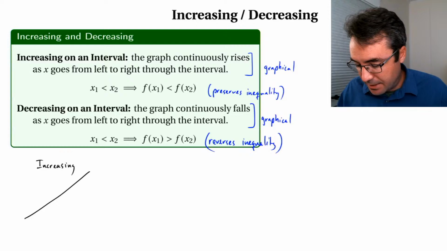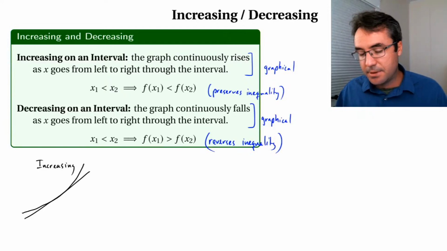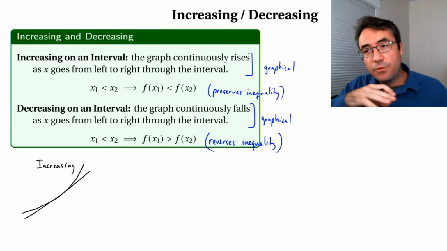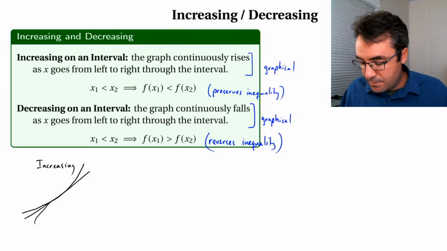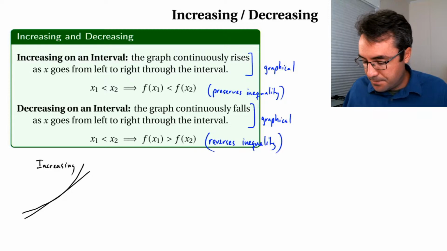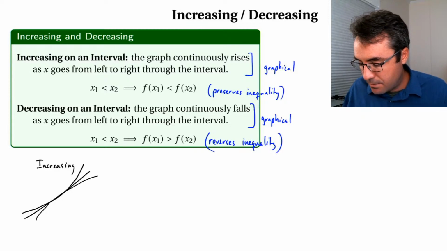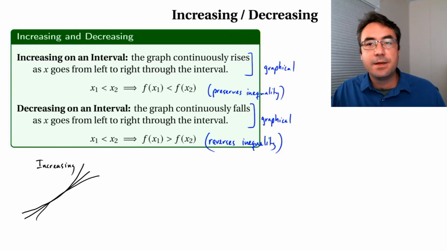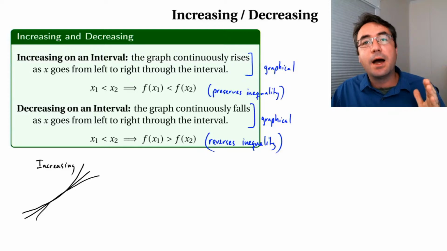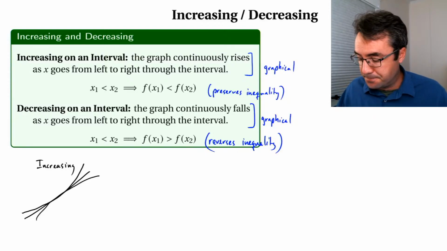So maybe it bends like this. Could bend like that. Still moving up as we go from left to right. Or it might do so a little more subtly, and it might look like something like that. But all those three examples, each one is moving up as we go from left to right.